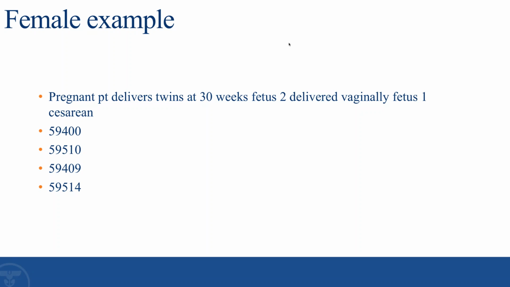That's a spontaneous abortion, 59812. 59820, you should highlight missed abortion. 59830, septic abortion. And then 59840, you have induced. 59841, you have induced also evacuation. 59850 is going to be by injection.